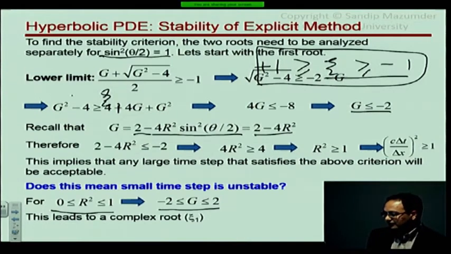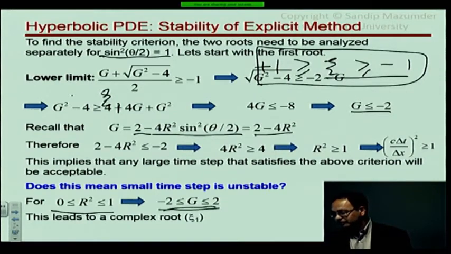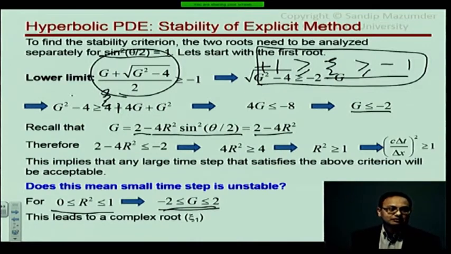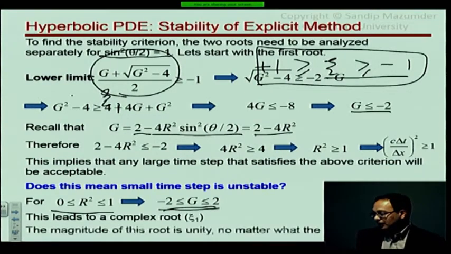And that leads to complex roots. So if you use g in that range, you will find that this root is complex. Okay? And so if you now compute the magnitude of that root, you will find that the magnitude is always unity or 1, no matter what the value of g.